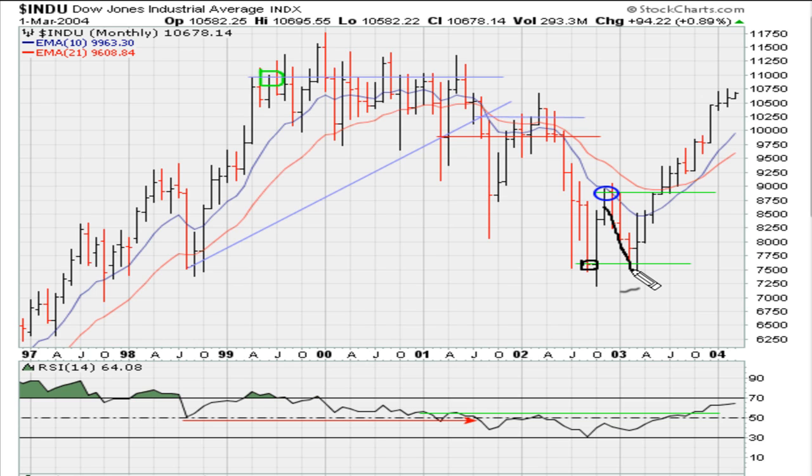Once this breakdown failed and the market recaptured that, that's your first green flag in the stock market. That's your first indication that something is different. So that's a tick. And then this monthly closing high was your entry point there. Why? Because you're anticipating the crossover between these moving averages here on the monthly chart. So you enter right there.